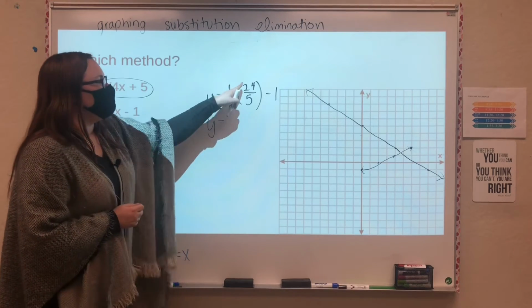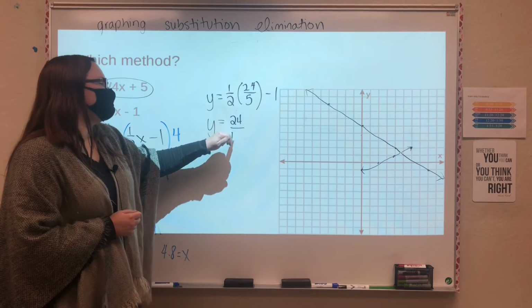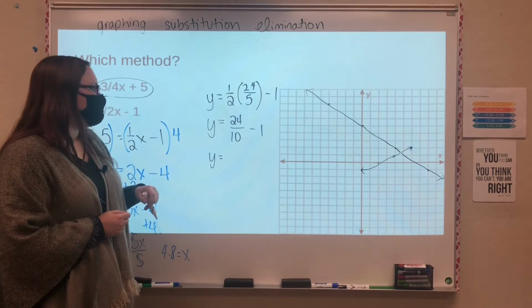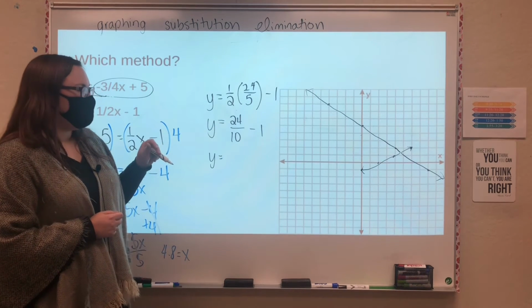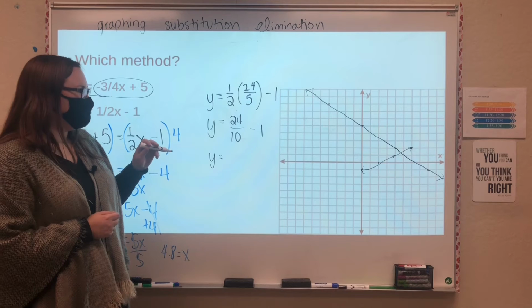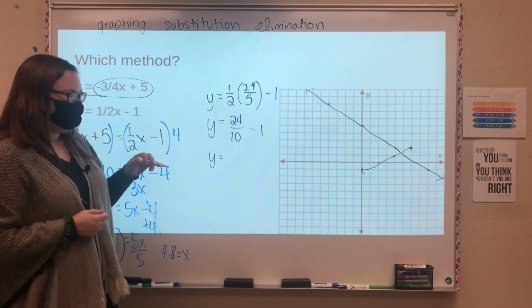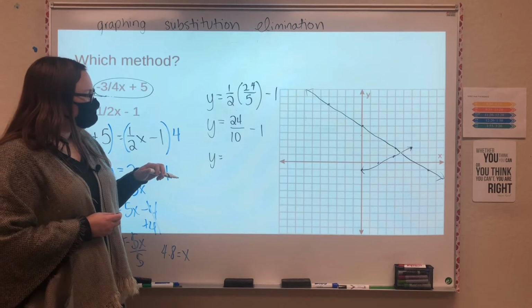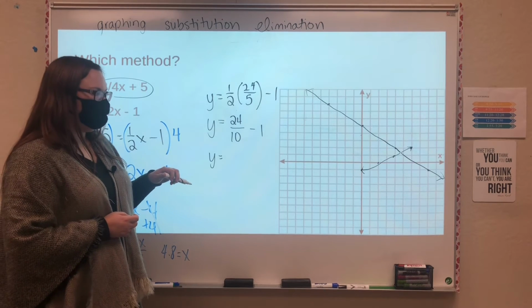Okay. So I would do 1 times 24. Should be 24 over 10, minus 1. Now to subtract that, I think our best bet is to divide this. Do you know what that's going to give us? Well, couldn't the answer be 24 over 10 minus 1, changed to like 14 over 10?